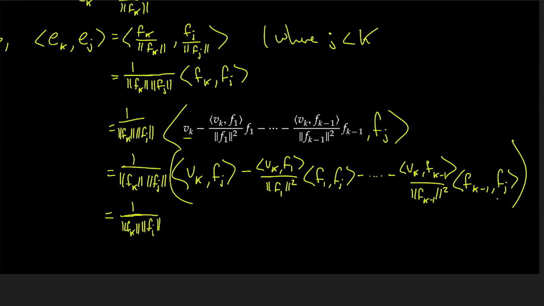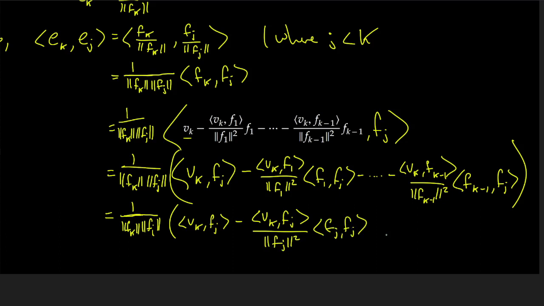Nice. And then this long thing will just turn into VK, FJ minus the one place where J is equal to the corresponding piece. So I'll get a VK, FJ over norm FJ squared, and then I'll get an FJ, FJ, since the rest of it is all zeros.